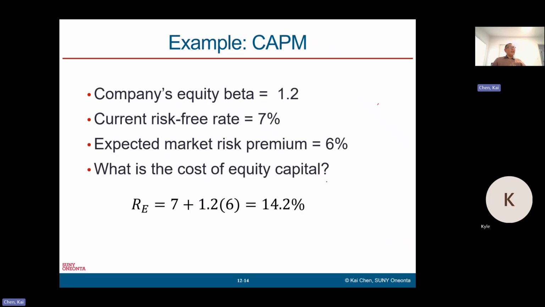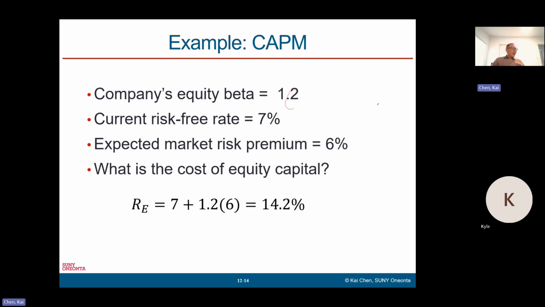In our course, this information will be provided. However, in the real world, the company's equity beta, current risk-free rate, and expected market risk premium should be estimated from historical data.